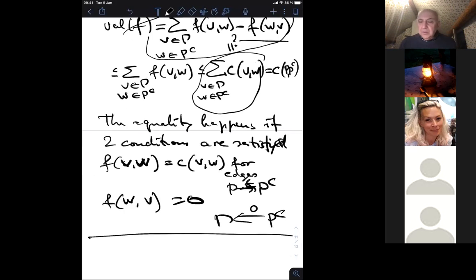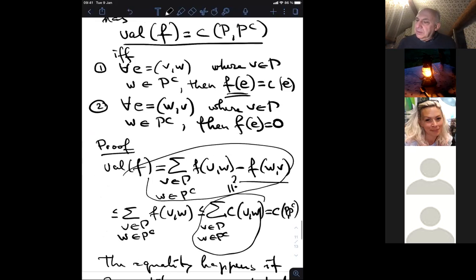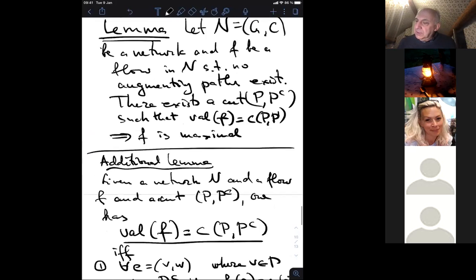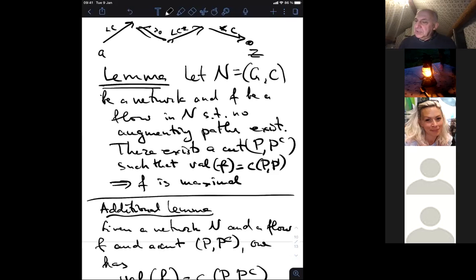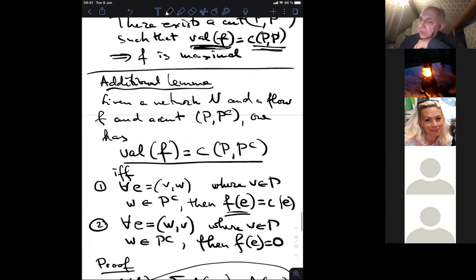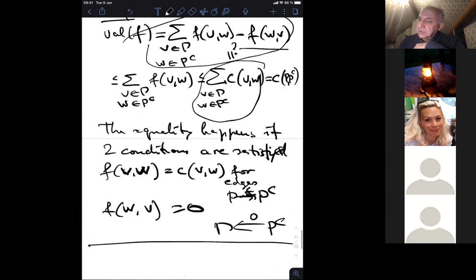Okay, so with this additional lemma, now I want to prove my major lemma, which says that if we have a network with a flow such that no augmenting paths exist, then there is a cut such that the capacity of the cut equals the value of the flow, and therefore this flow is maximal.